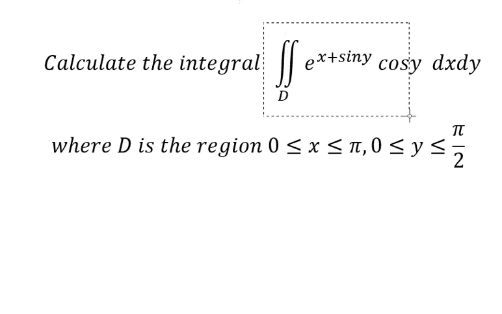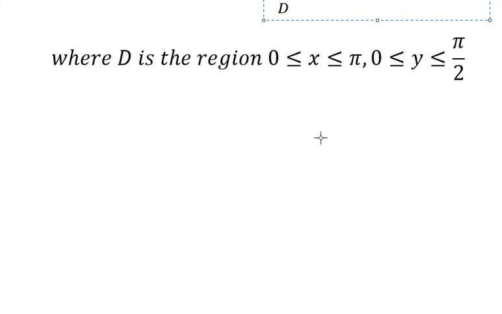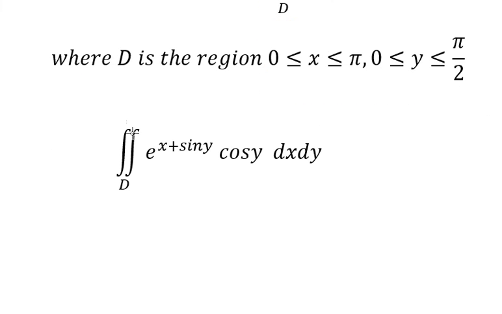If we look carefully at this one, we can see that e to the power of x and e to the power of 2y we can put like this.